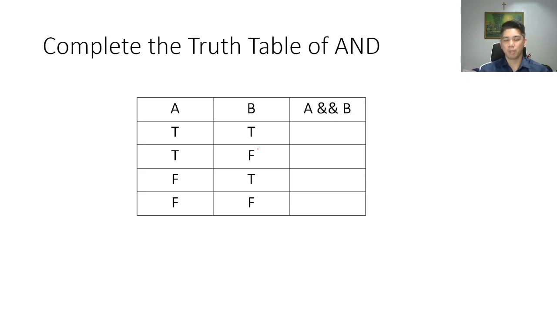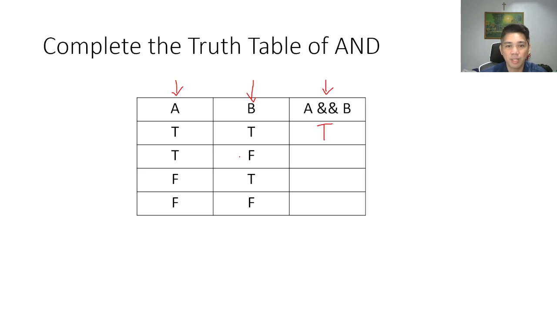To make it simpler, we can use a truth table. So, this is statement A. This is statement B. Here is statement A and B. So if we have a statement that is true and another statement that is also true, the answer is true.